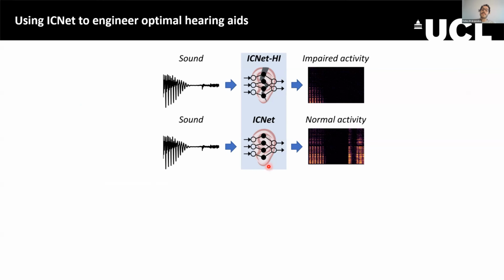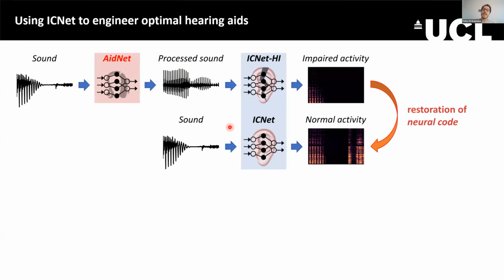If we have deep learning models of normal hearing and hearing impaired processing, we can then train new sound processing strategies that restore impaired neural activity back to normal. We've called these models AidNets. What an AidNet learns to do is to compensate for all peripheral and central auditory changes after hearing loss, up to the level of the IC in our case.